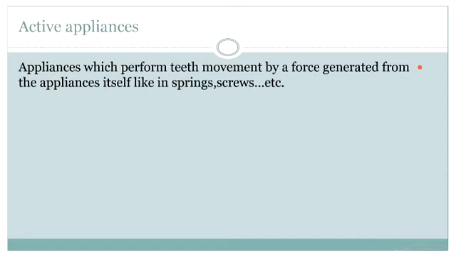Active appliances perform teeth movement by a force generated from the appliance itself, like a spring, screw, and other types. These screws or springs have different cross sections and different lengths, and therefore exert different types of force on the teeth.